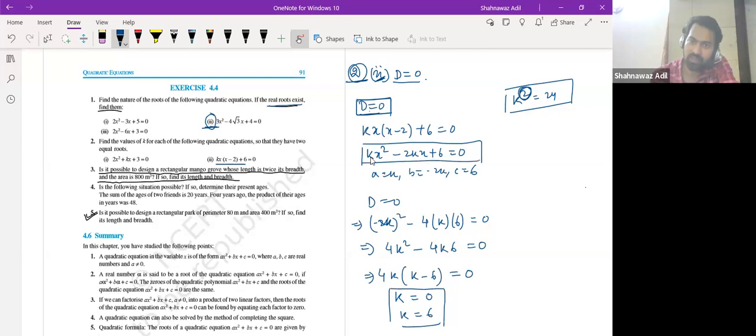If we put k equal to 0, then we get 6 equal to 0, which is not true, right? So then this is discarded, and this is the true solution. Understood, Talha? So this is how we do these kinds of problems.